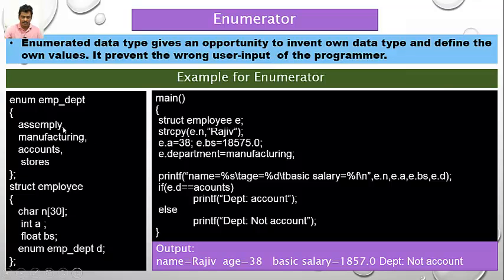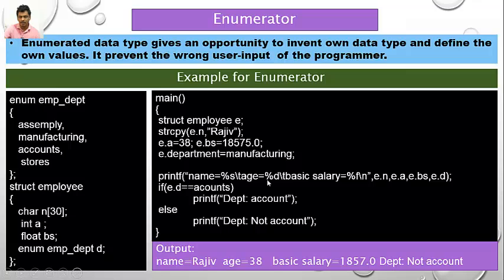Internally it is treated as 0, 1, 2, 3. So the compiler internally assigns 1 because manufacturing is 1 in 0, 1, 2, 3. So manufacturing is assigned to E dot d. It is valid. If we try to assign a value other than the 4 values, that is not within the group, it will give an error.